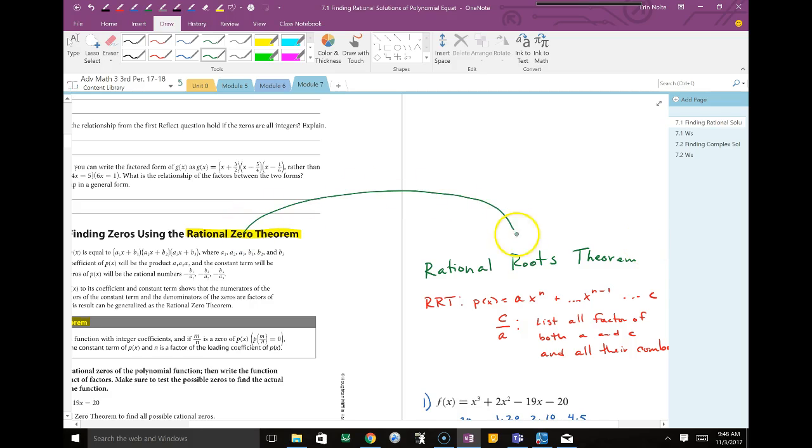They use zeros. Did you know that a zero is exactly the same as a root? They have identical meaning. So now you know that a root is simply a place where the function crosses the x-axis. The reason they replaced the word zero with root at some point is because, have you ever had a zero at 0?